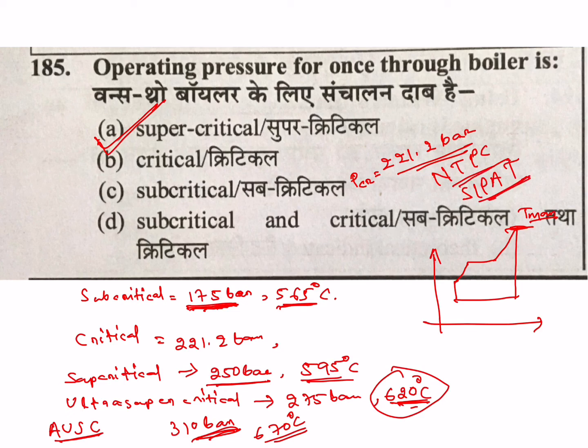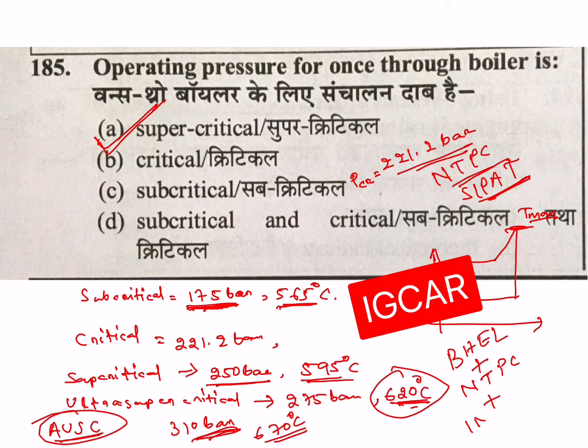They are doing the trial of AUSC, advanced ultra supercritical boilers, a combination of BHEL, NTPC and IGCAR.